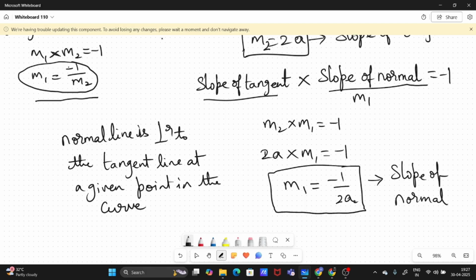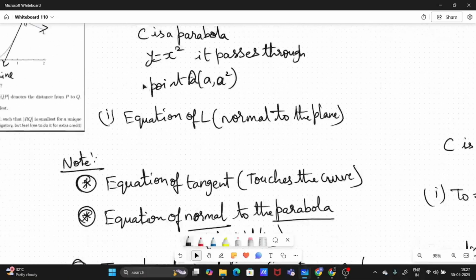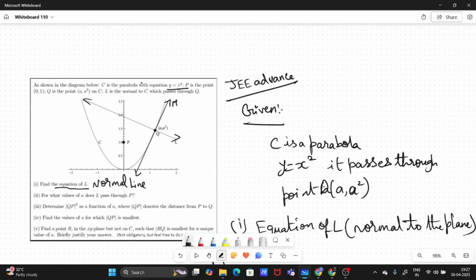This is your definition. If you forget it, I'm recalling it again. This L is the normal line, this M is the tangent line.